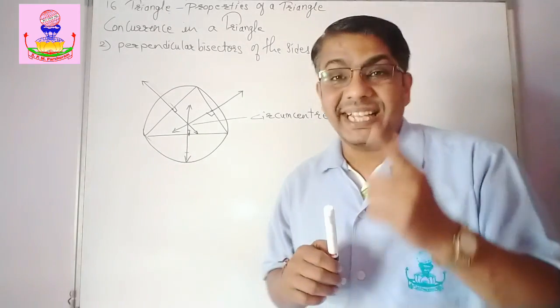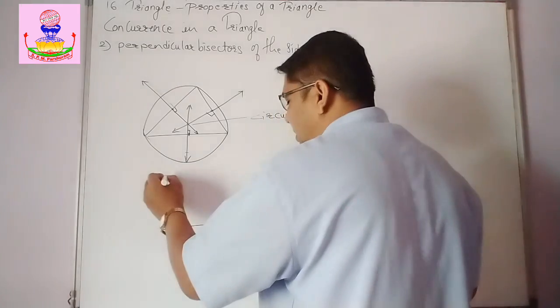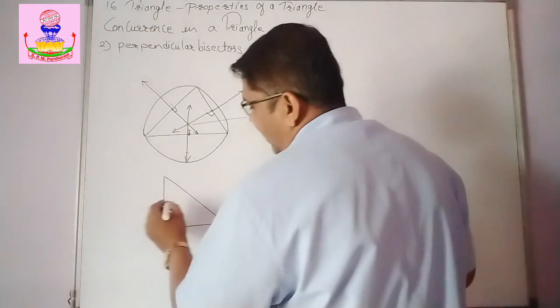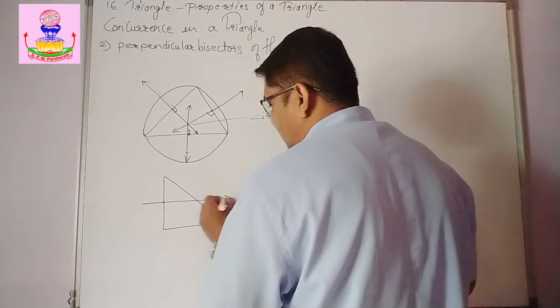Let us check for right angle triangle. Now, suppose this is the right angle triangle. Now, this is the midpoint.